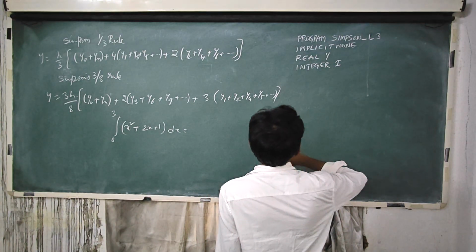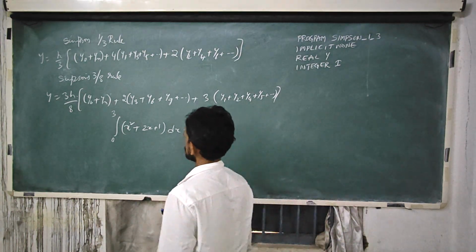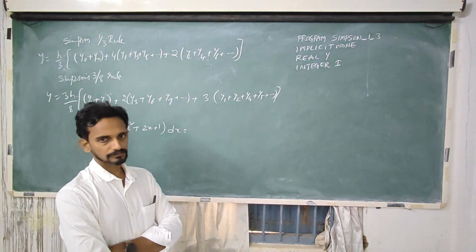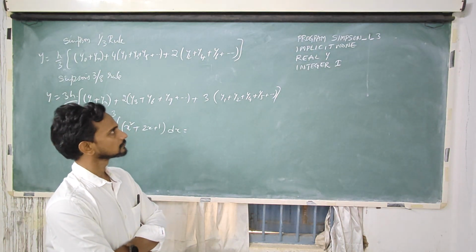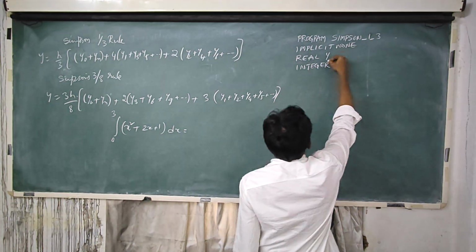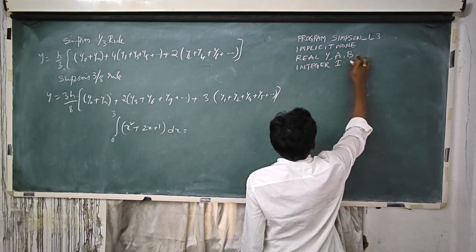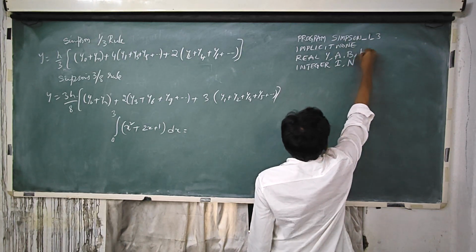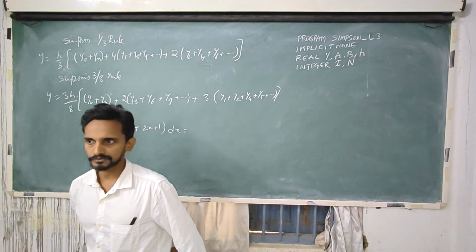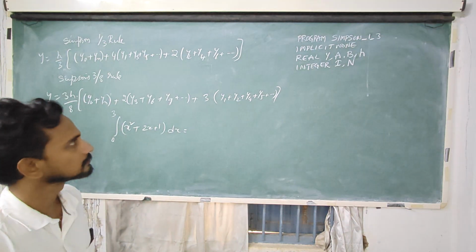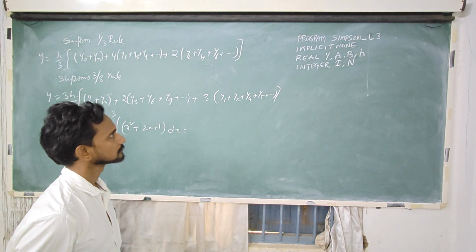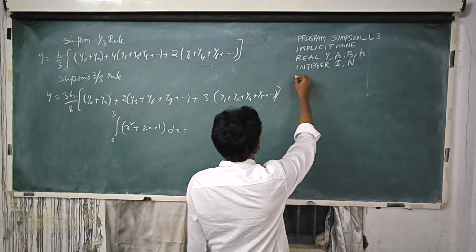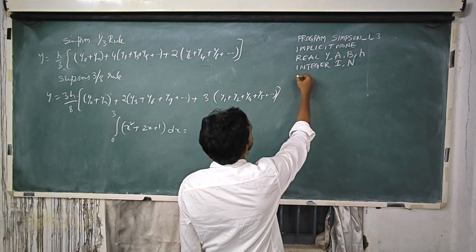So we need upper limit, lower limit and number of divisions. And step size is h. So what are the things that user has to supply?